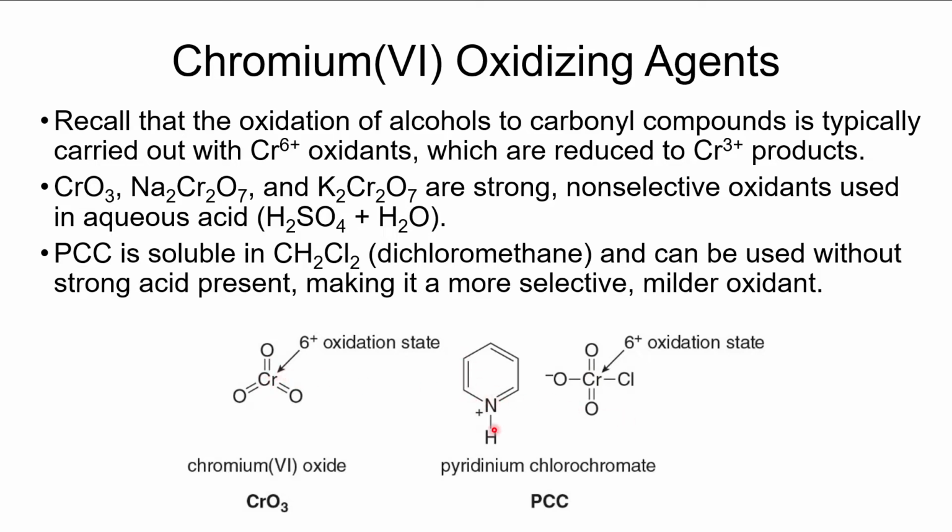The pyridinium just acts as a charge balance, and so we get this ionic compound, and then our oxidizing agent right here is that chlorochromate. We usually just call this PCC for short, and if I'm asking you to solve a problem, you can write PCC on there.